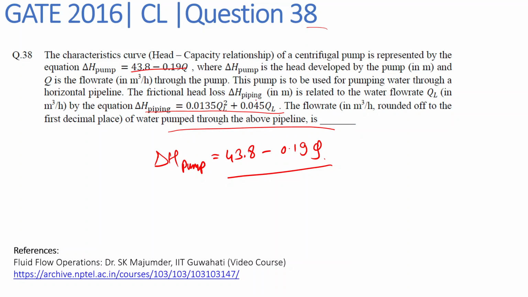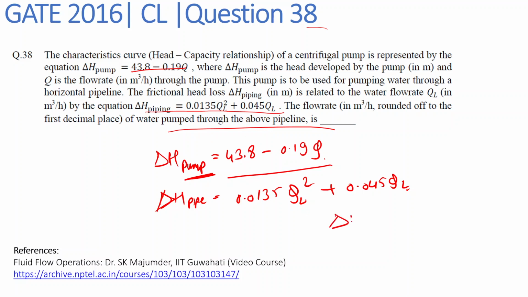And then we have been given the frictional head loss, that is delta H piping, as this equation 0.0135 QL square plus 0.045 QL. And then we have been asked to find the flow rate in the above pipeline. So whatever head has been developed through the pump will be consumed to overcome the frictional head loss in this given scenario.